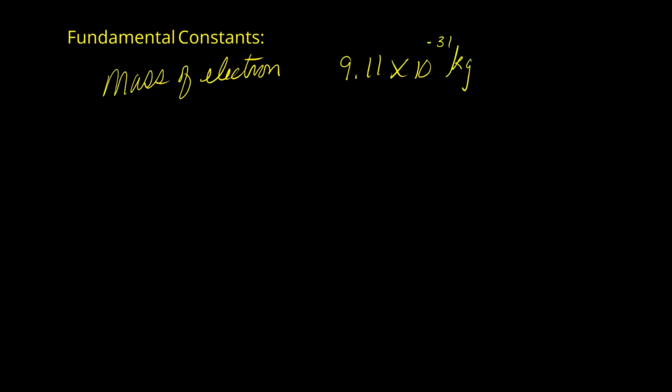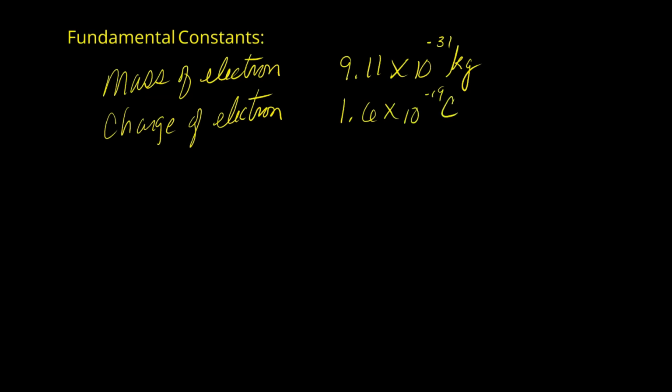All right. Some fundamental constants you need to memorize or store somewhere so you can easily retrieve them. Like the mass of an electron. Well, the mass of an electron, we're going to be using 9.11 times 10 to the negative 31st kilograms. The charge of an electron, 1.6 times 10 to the negative 19 coulombs.